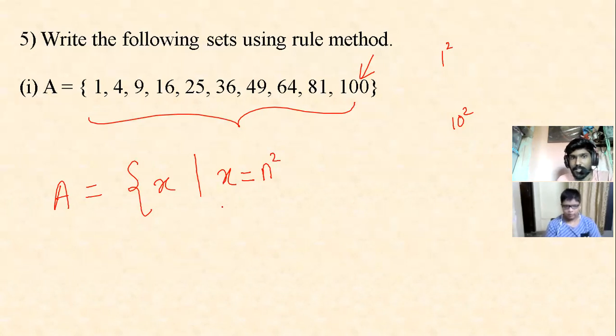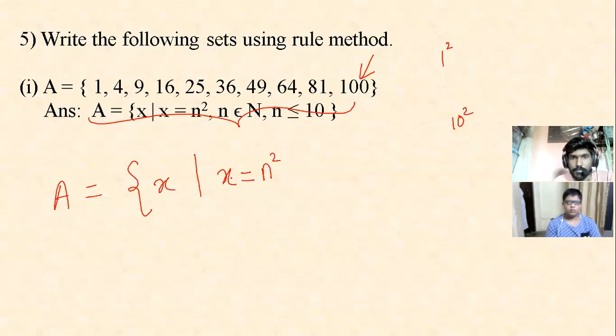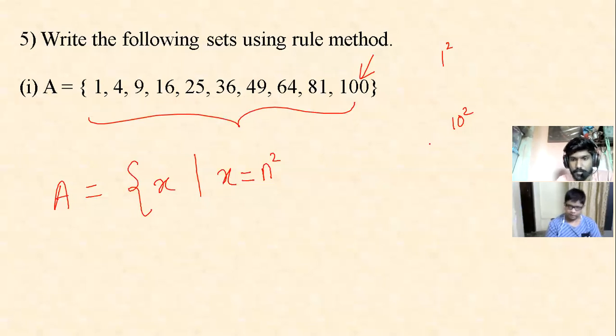But what is the condition on n? Which is the smallest and highest number? It is between 1 to 10. Or you can say that n is a natural number, because we know natural number starts from 1.